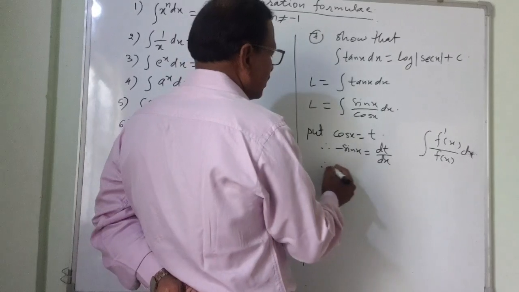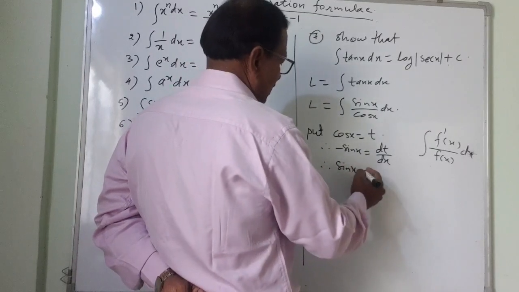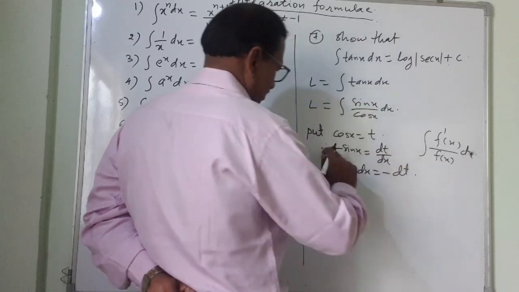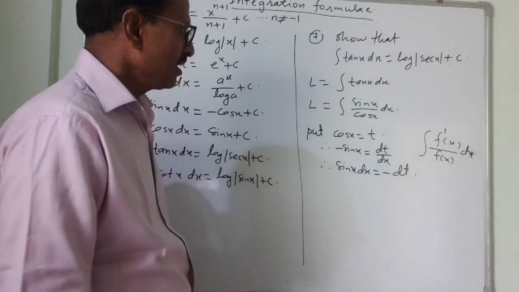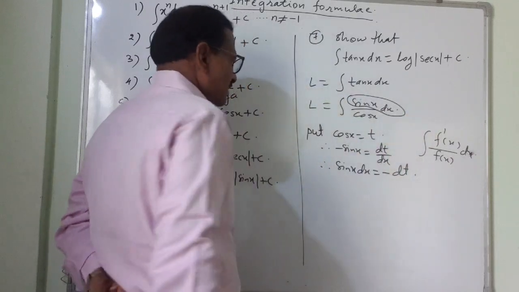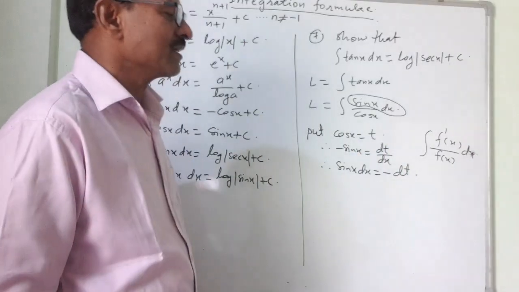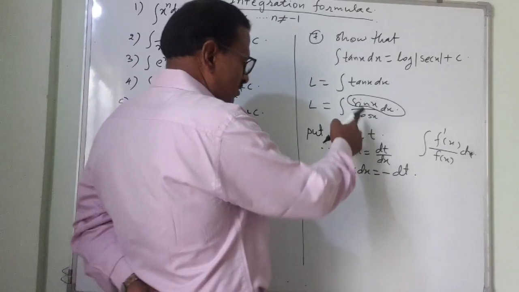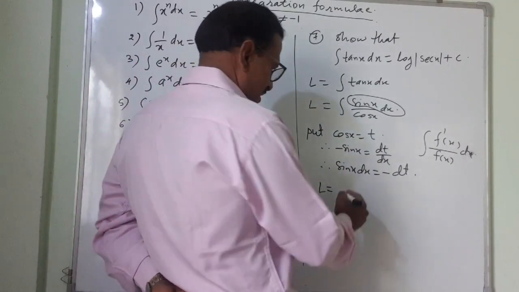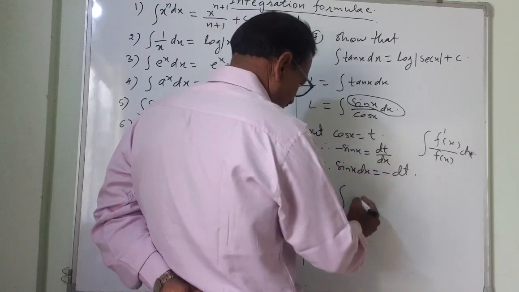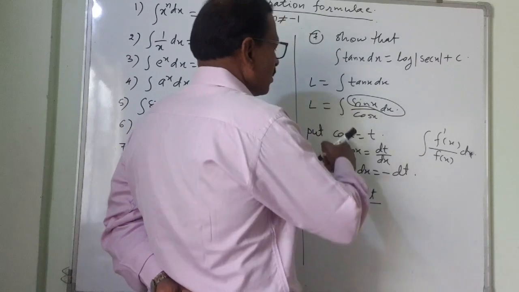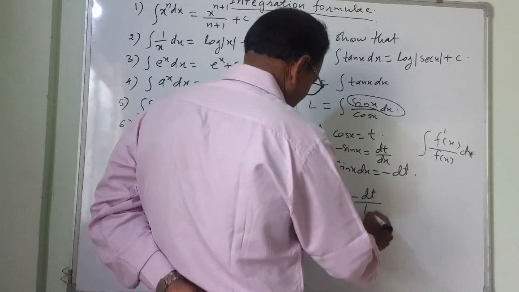Bring this dx here, therefore sin x dx is equal to minus dt. The sign has also changed. And cos x is equal to t. Therefore, LHS is nothing but minus dt upon t.